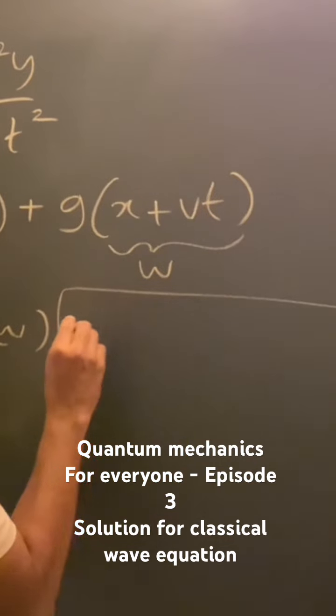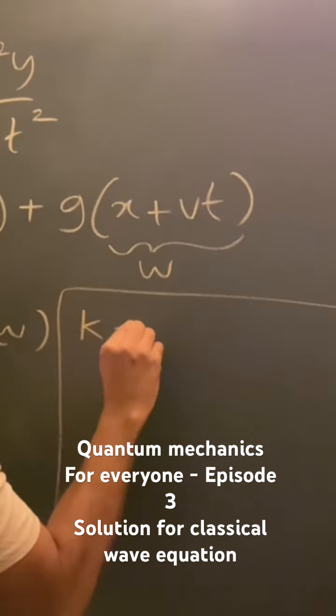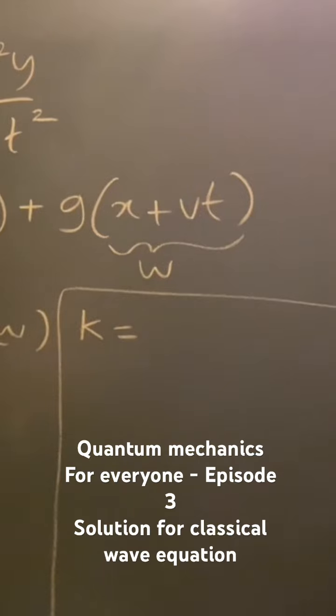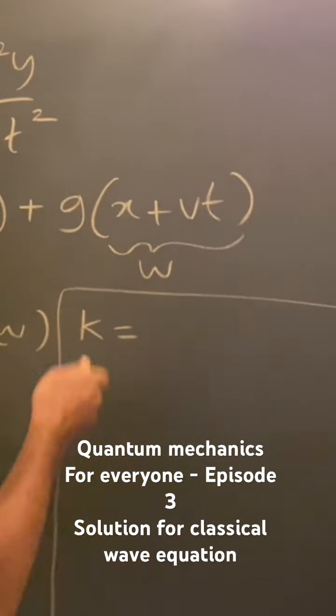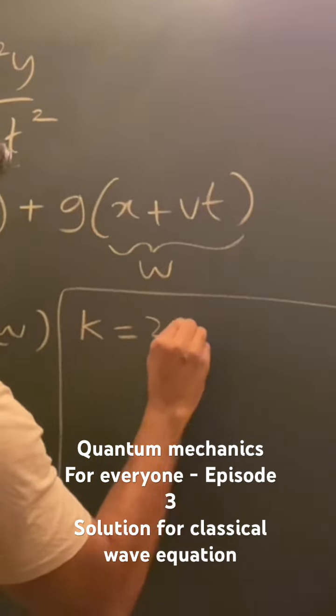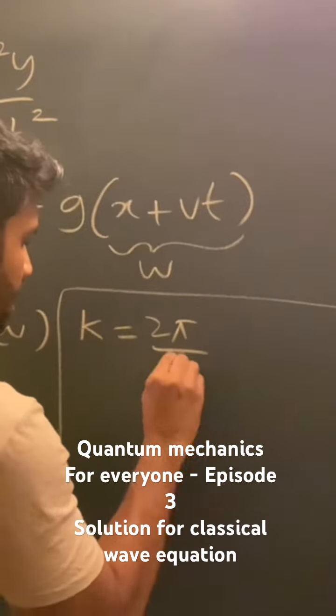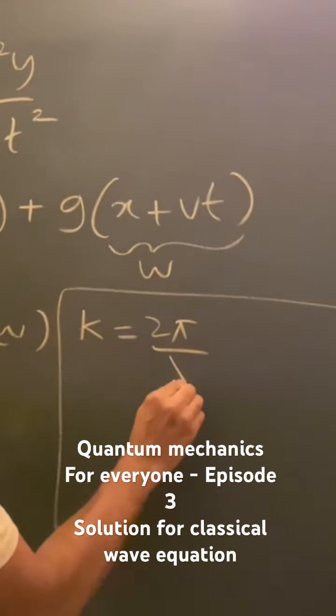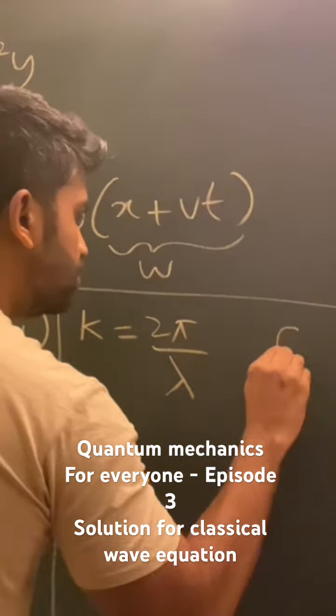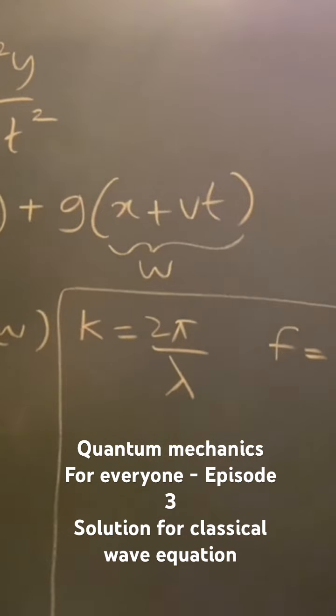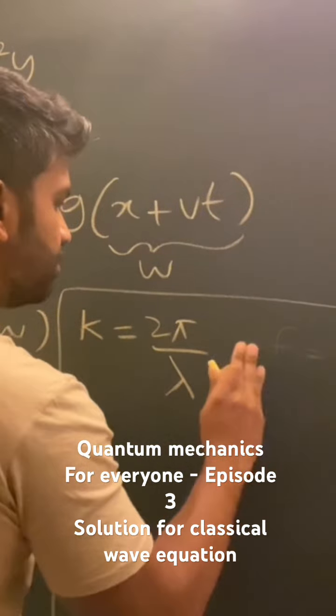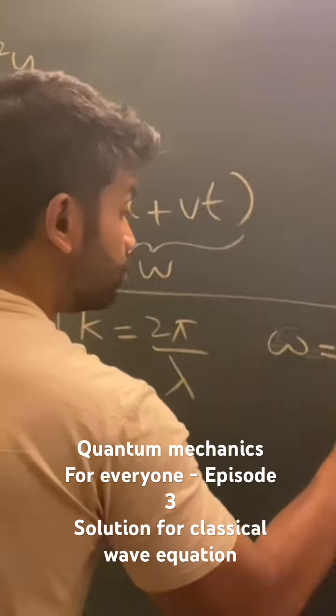So wave number k is introduced as 2π over λ, where λ is the wavelength, and on the other side we have the angular frequency ω, which is equal to 2πf.